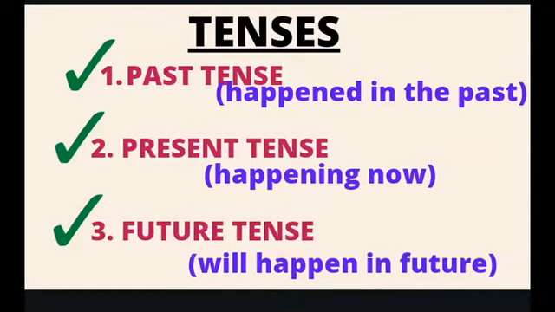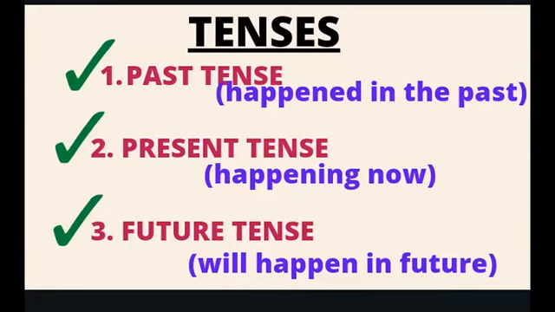Third, future tense, which indicates the action will happen in future. So these are the basic form of tenses. They are simple tenses. I hope you have understood the difference between the three basic tenses: past tense, action happened in the past; present tense, action is happening now; and future tense, where the action will happen in the future.